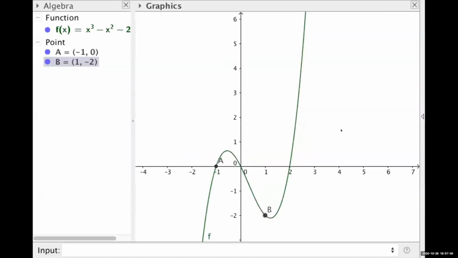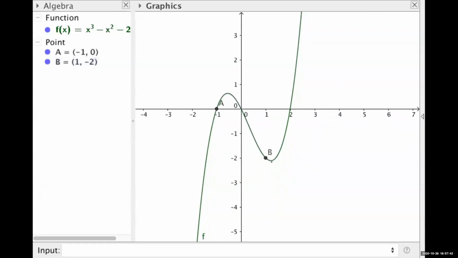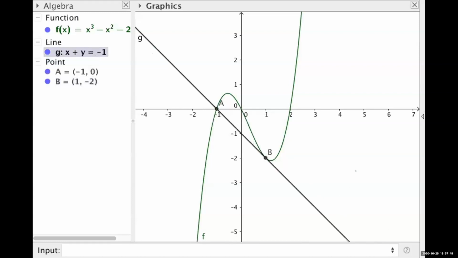Okay, so this is what our function looks like. And I can come up with my secant line between these points like that. And then we also found our C to be at negative 1/3. So I'm going to put negative 1/3 for the x and f of negative 1/3.